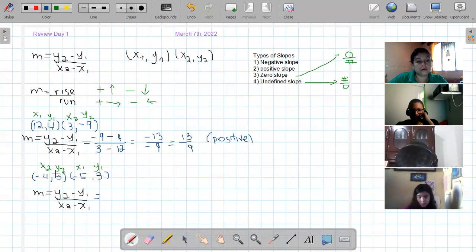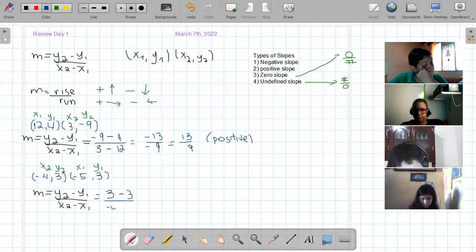So y2 is 3 minus y1, which is 3 as well, over x2, which is -4, minus x1, which is -5. So between the parentheses, the 5. Why do I place the 5 between the parentheses?